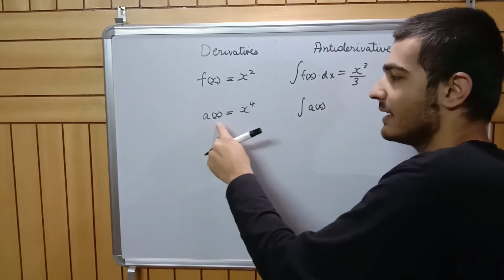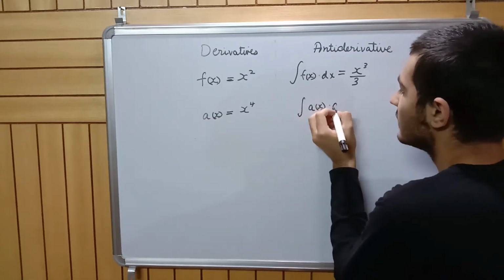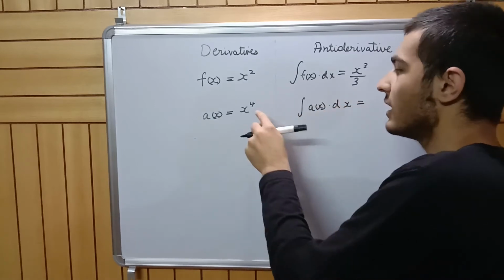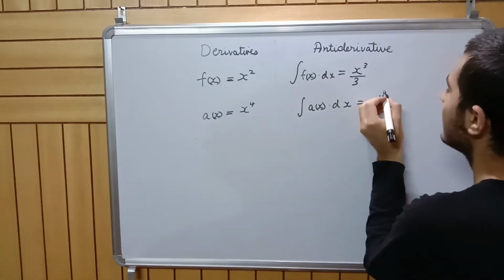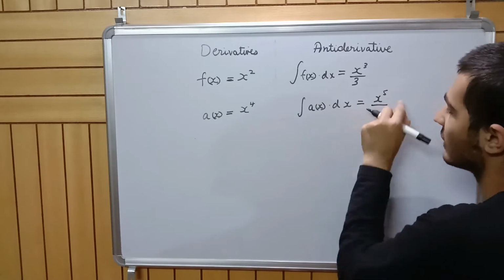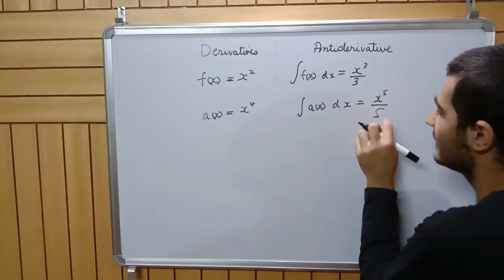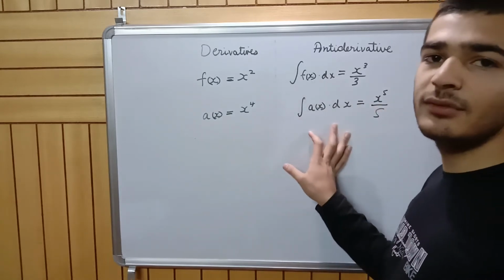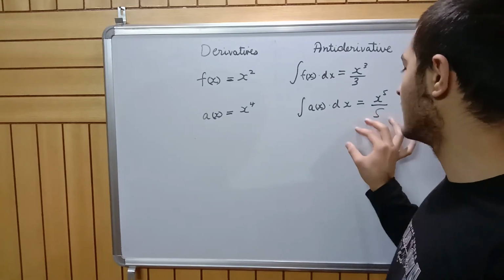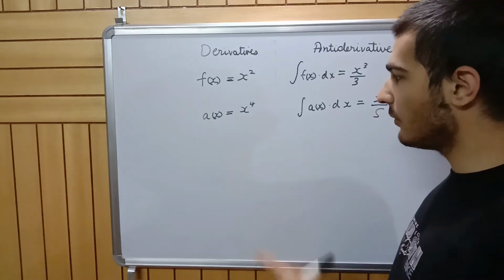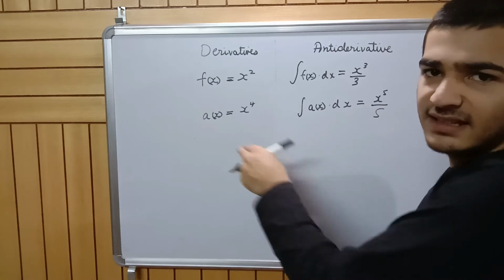So here y is a of x, and the integral of a of x dx equals, here also I can increase the power by 1. I get x raised to power 5 upon 5, the same power in the denominator, and this is the antiderivative of this. If you differentiate this, you should get that, and you should check that yourself.